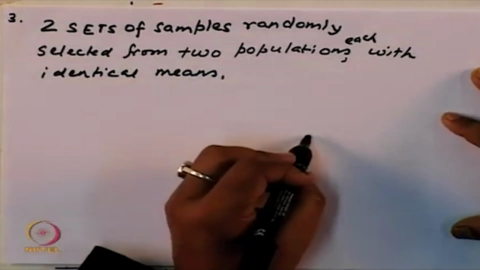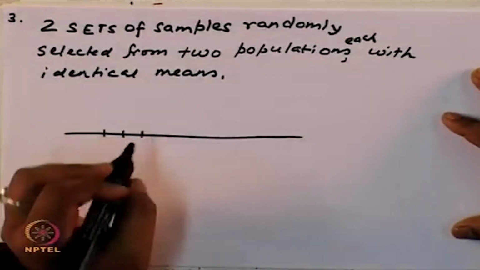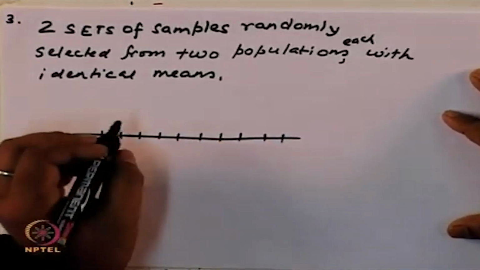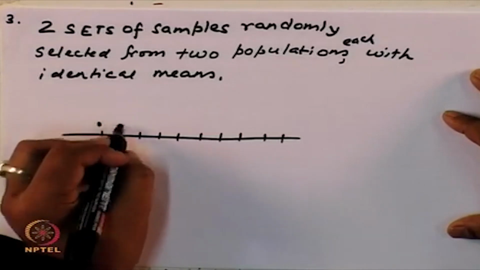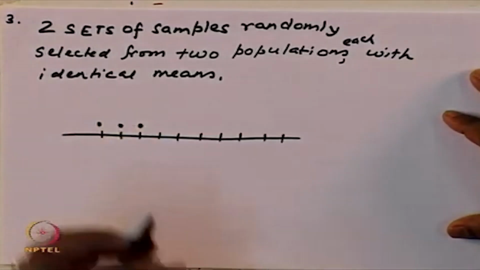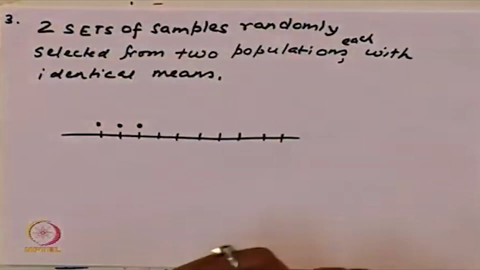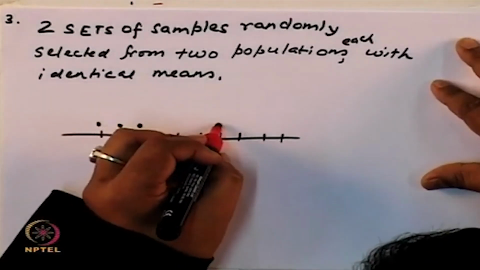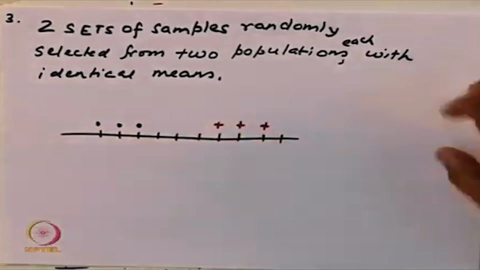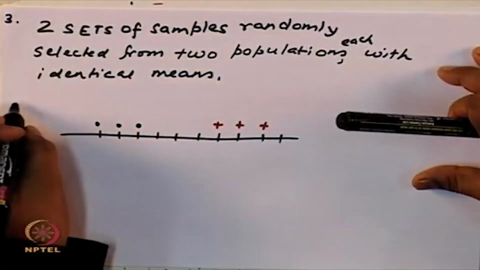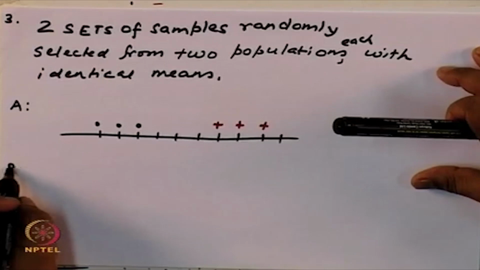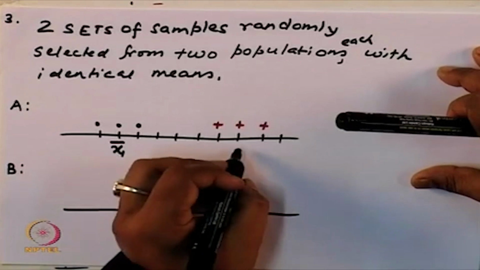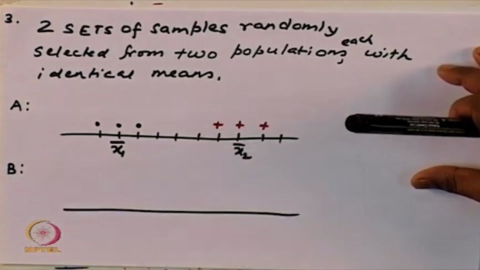Let me draw one particular case. Imagine one of the samples gives you this value, the other sample gives you this value. So, this is your scenario A. Imagine the other scenario. This is your x1 bar and this is your x2 bar.